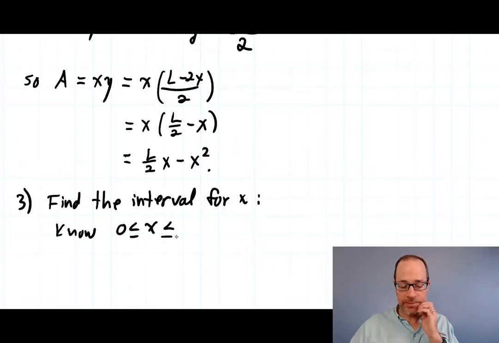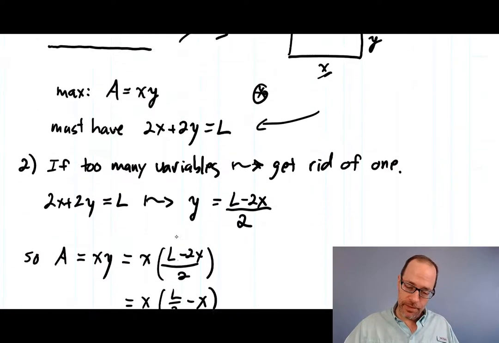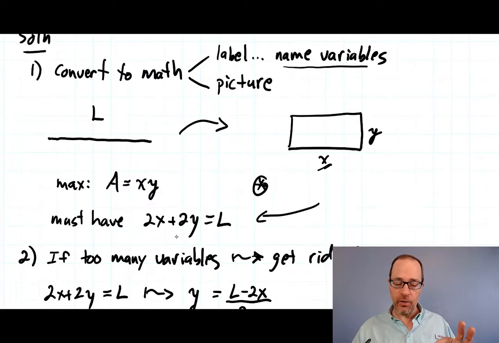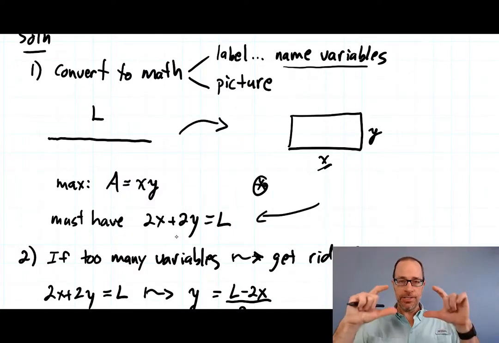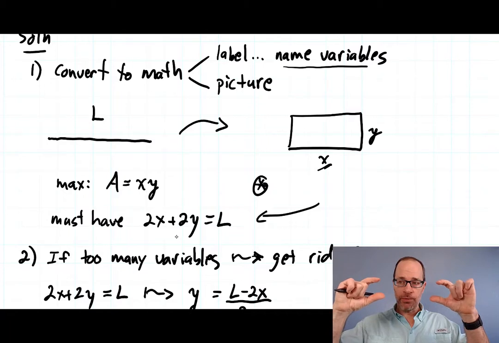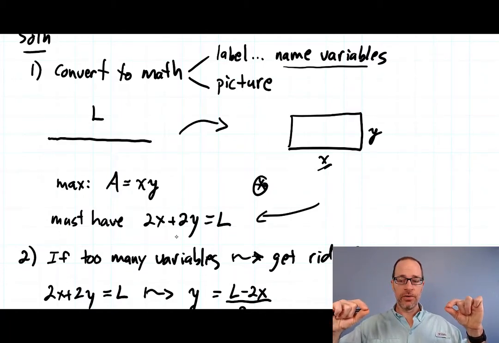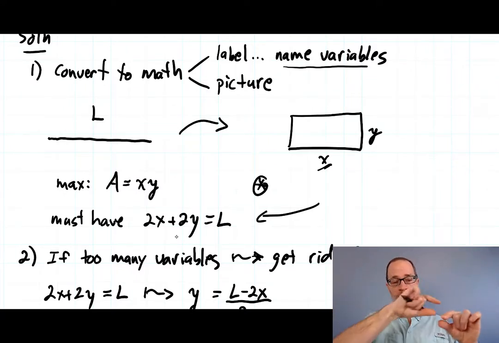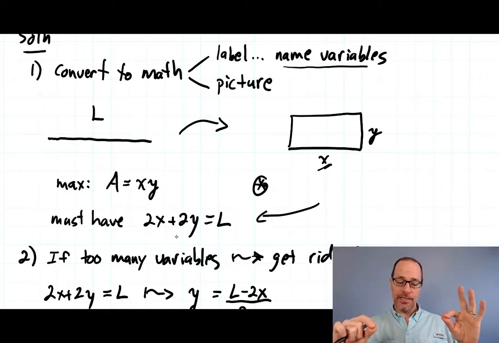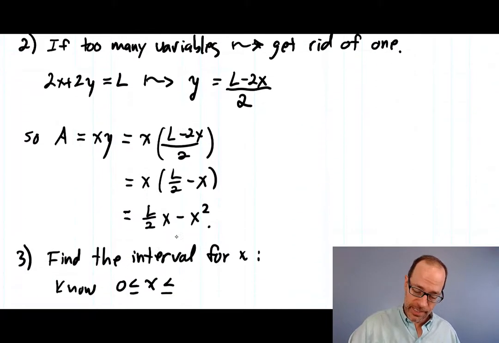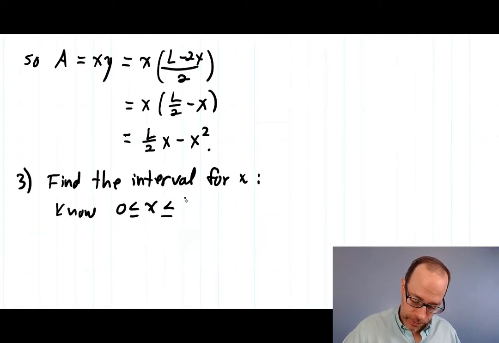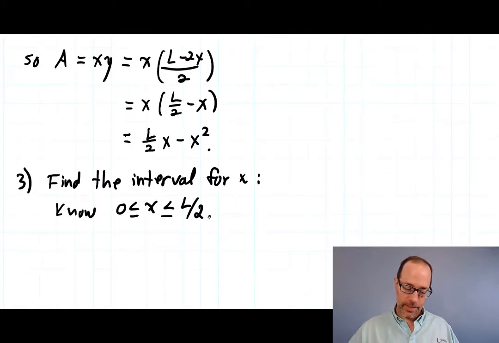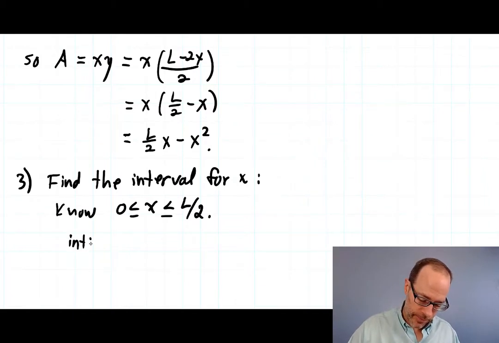How big can it be? Well, the maximum, if we had everything going into x, all of this wire, imagine taking the rectangle and shrinking it down, the y smaller and smaller, until the wire just double loops on the base. And that would be the biggest x could be. So if I'm double looping L, just bending it in half to make x, that would be L over 2. So the biggest x could possibly be would be L over 2. All right? So the interval will be 0 to L over 2.